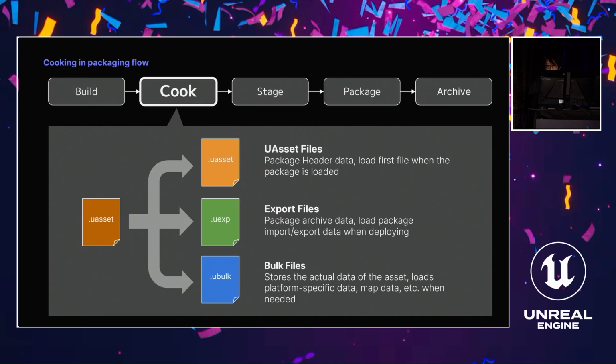For instance, one file converts to 3 files. These 3 files include package header information, archive information, and resource data. The resource data was accessed using DDC in the editor. But this is not possible in the package, so it is converted as bulk data at cook time in this way.